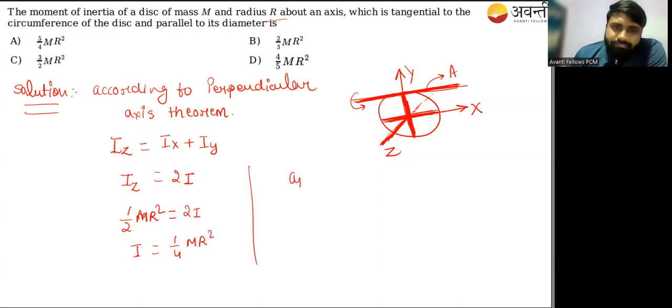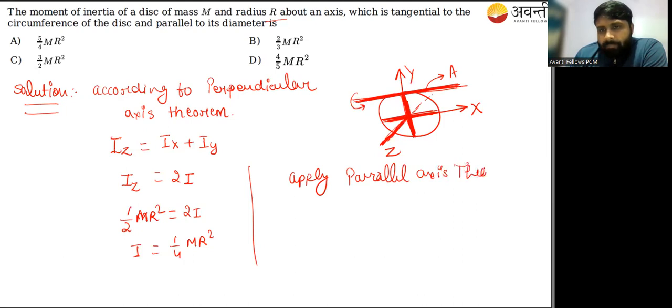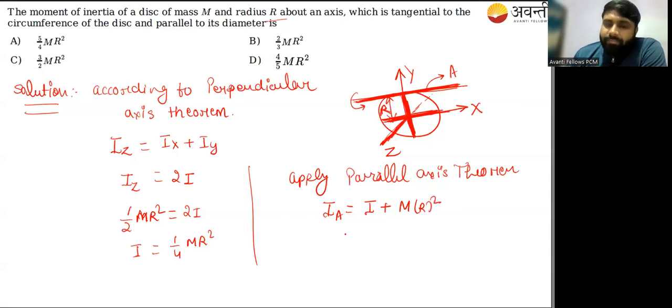Now if you apply the parallel axis theorem, it says that the moment of inertia about the unknown axis, let's say IA, will be equal to the moment of inertia about the known axis, which we will consider as x, plus the mass of the body times the distance between the two axes, which is obviously capital R, the radius, squared.